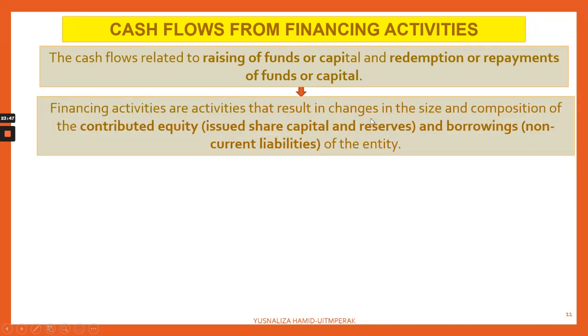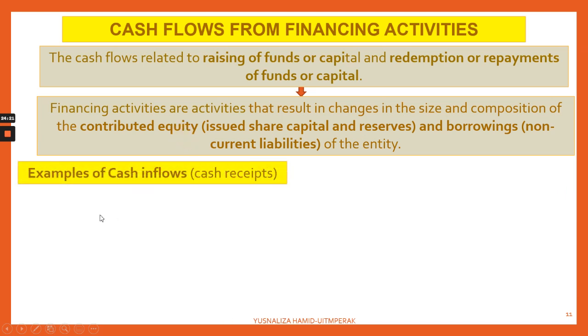Financing activities are activities that result in changes in the size and composition of the contributed equity, namely the issued share capital, or maybe the related reserves, and the borrowings. So anything that results in changes that bring in cash or utilize cash related to share capital, reserves, and borrowings. Borrowings are non-current liabilities like loans, debentures, right, bonds of the entity.